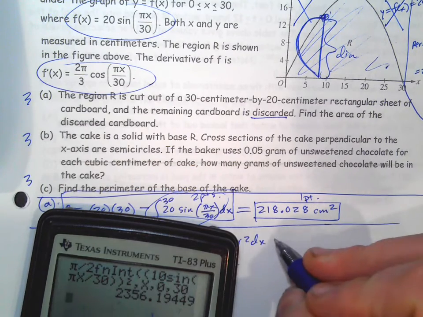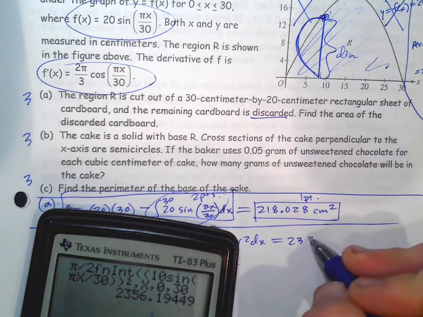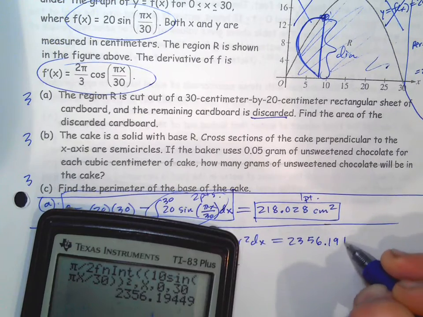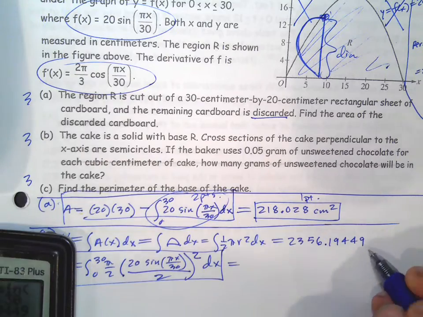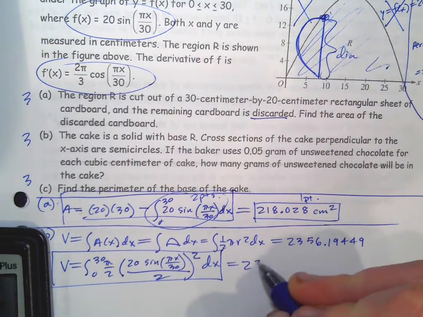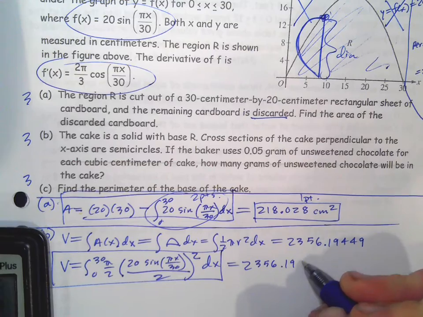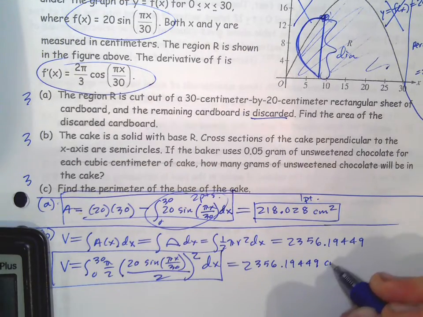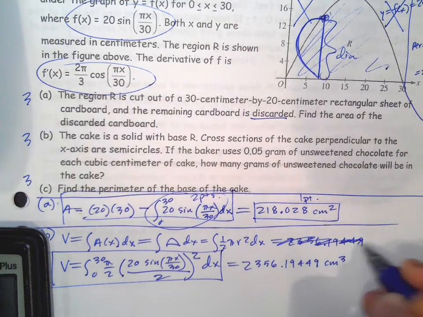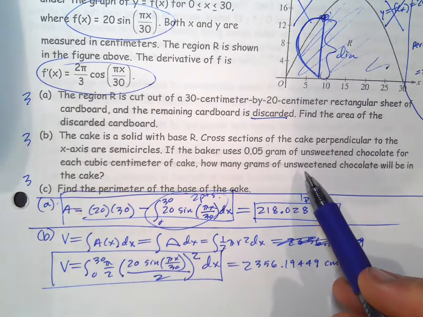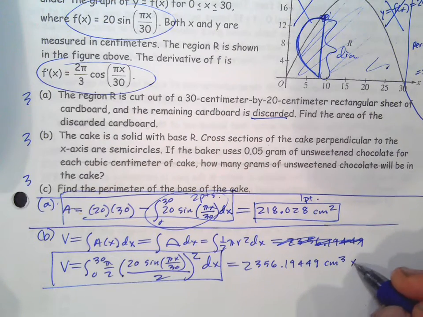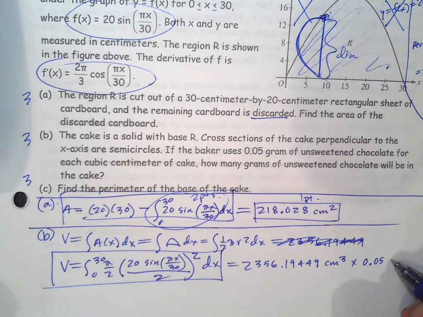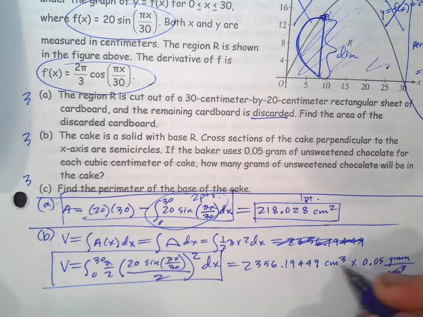So this is the volume, and I'm going to keep some extra decimal places. That's the volume. I guess I should write right here, it's cubic centimeters. So if it's 0.05 grams per cubic centimeter, we would then multiply it times 0.05 grams per cubic centimeter.